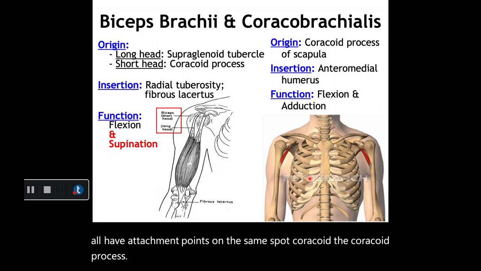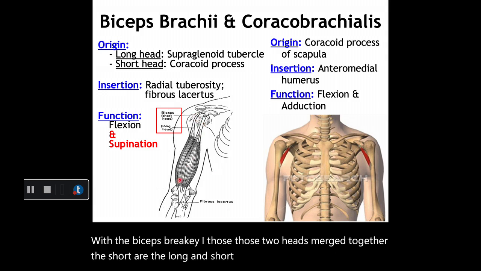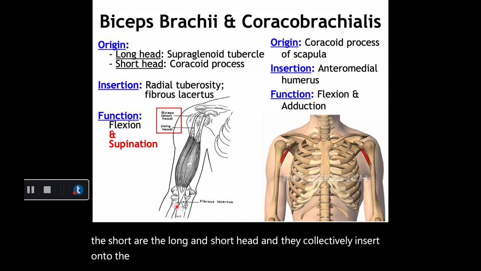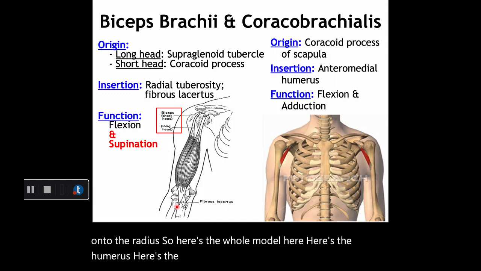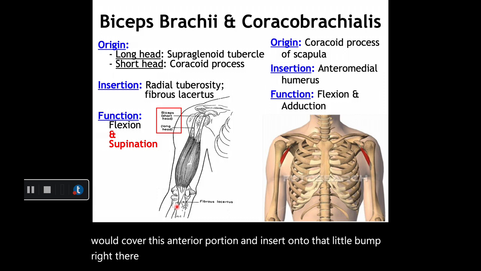Now, with the biceps brachii, those two heads merge together, the long and short head, and they collectively insert onto the radius. So here's the whole model here. Here's the humerus. Here's the radius and the ulna. The biceps brachii would cover this anterior portion and insert onto that little bump right there called the radial tuberosity.